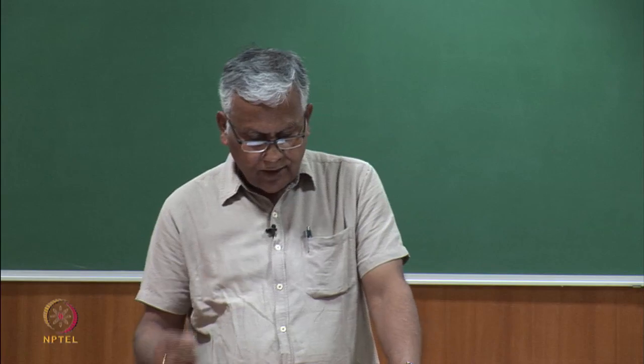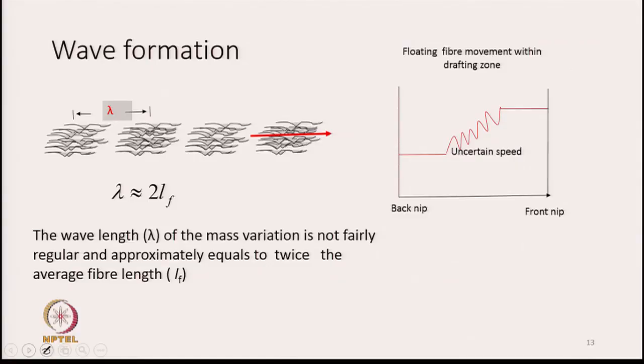Once a particular fiber starts moving at a higher speed, it will influence others with which it is in contact, and many of the neighboring fibers will be influenced by this fiber, and it will also try to drag some fibers along with it at a higher speed.